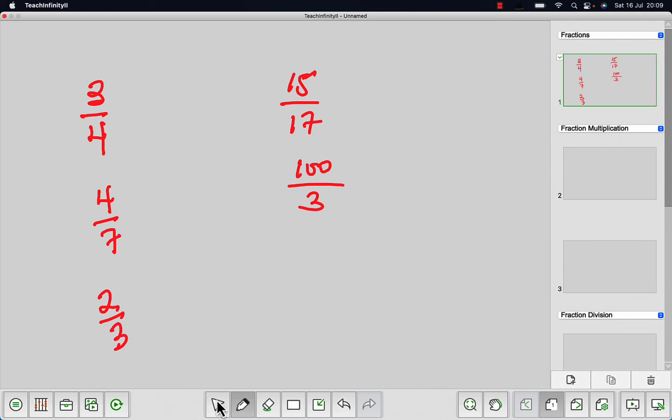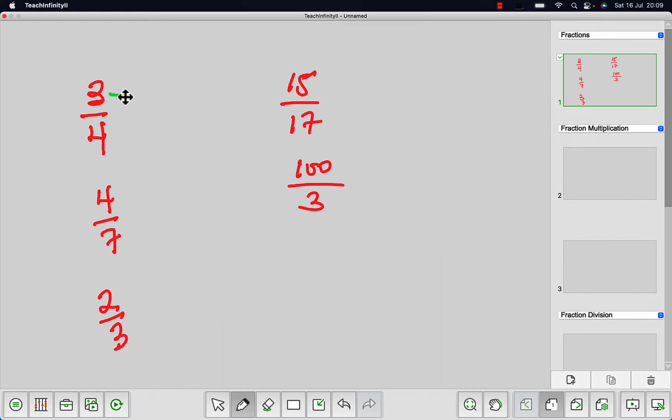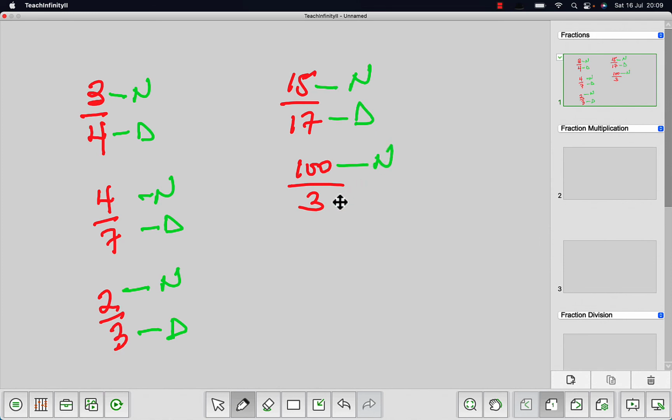Now, if you were able to do this right, you would say of this fraction, this is the numerator, that is the denominator, and so on. Here we have 15 as our numerator, 17 as our denominator, and here we have 100 as our numerator, and then 3 as our denominator.